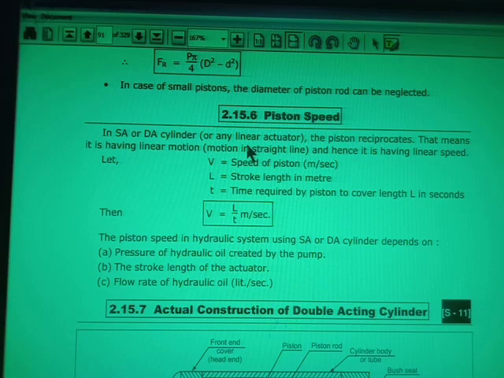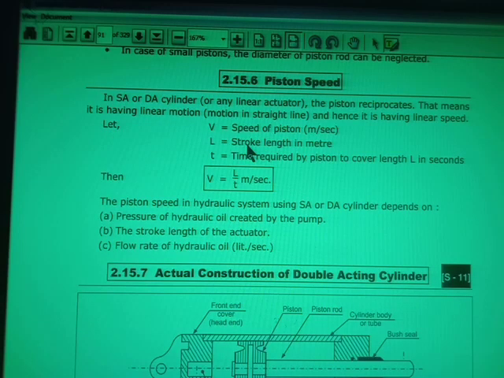Now how much will be the piston speed, that you have to calculate, means by which speed the piston will move forward or move in the return direction. In a single acting or double acting cylinder, or any linear actuator, the piston reciprocates. That means it has linear motion, or motion in a straight line, and hence it has linear velocity.